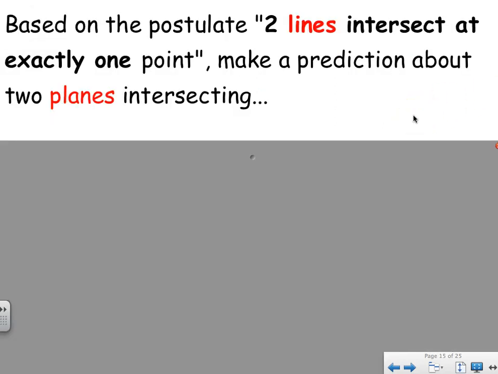Alright, so based on the postulate or theorem or rule, two lines are going to intersect at exactly 1 point. Make a prediction about two planes intersecting and do not say a crash. So jot something down. When two planes intersect, what happens?